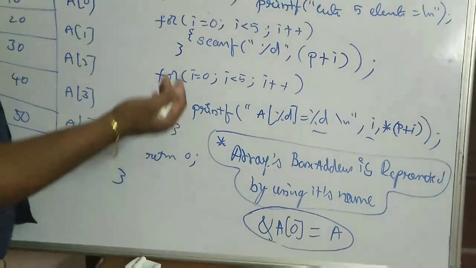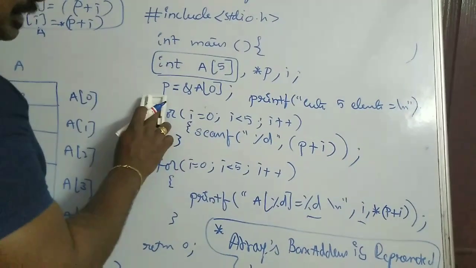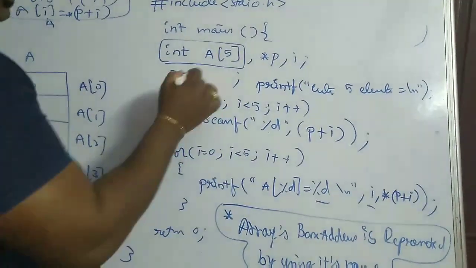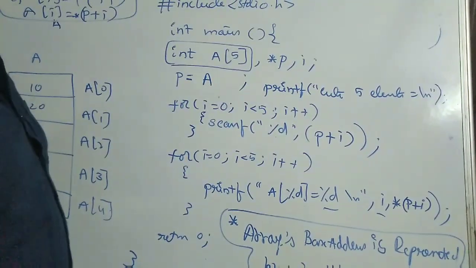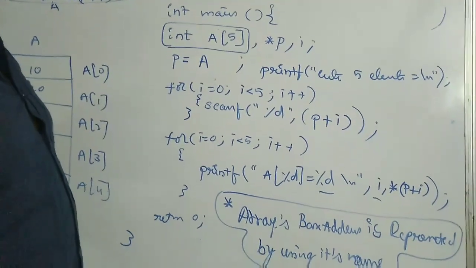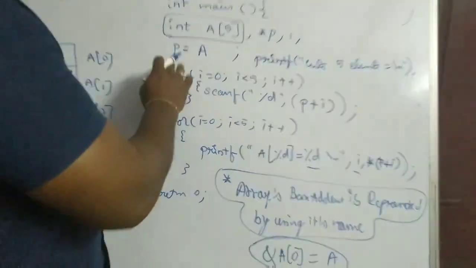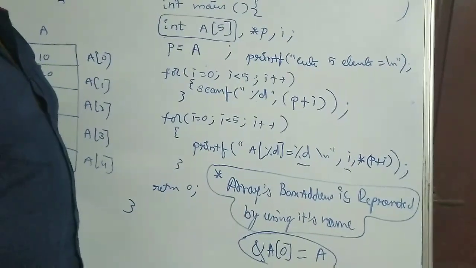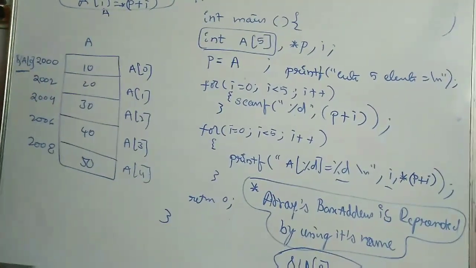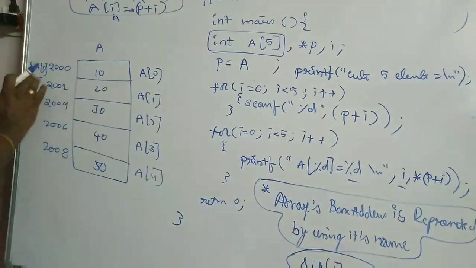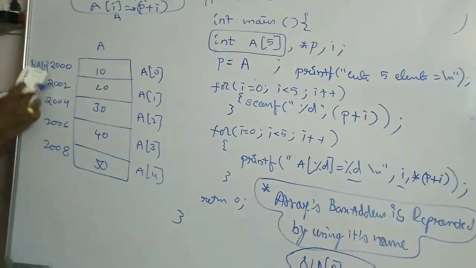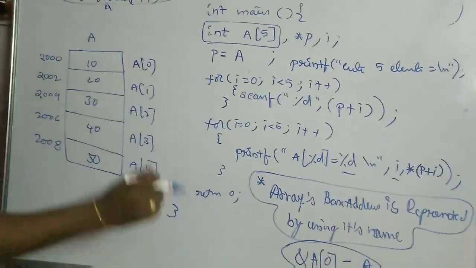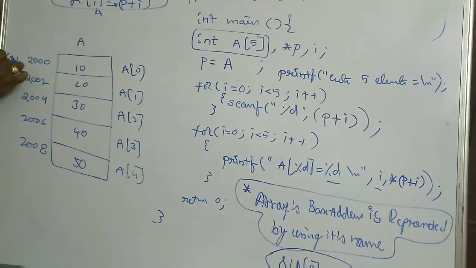That means in the program I can change this P is equal to address of A of 0 to just A. So P is equals to A. So this is easy, friends. If I say P is equals to A, it means P is pointing to the first element of the array. So instead of A of 0, I can call it as A plus index value 0.